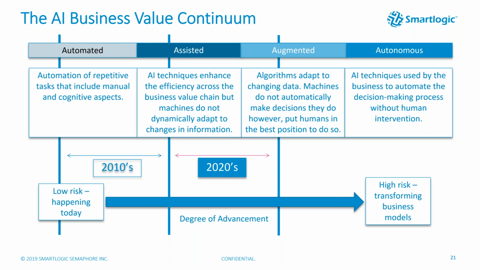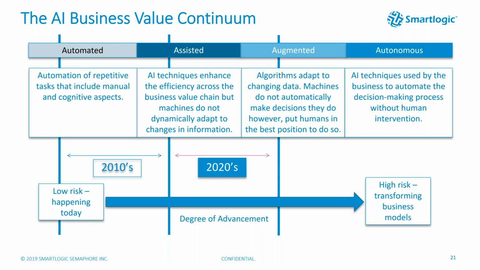Or if it's augmented, the algorithms are adapting to changing data, but they're not automatically making decisions, but they do put humans in the best position to do so. And Smartlogic is playing with its product Semaphore in this assisted to augmented spot, because that's where we see the most business value for our customers.